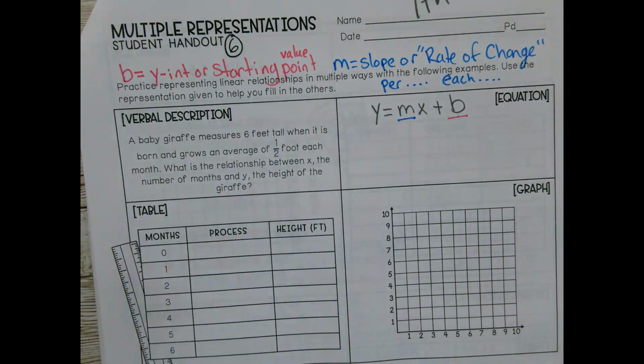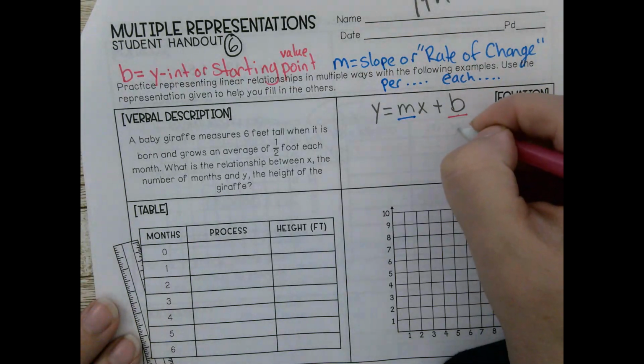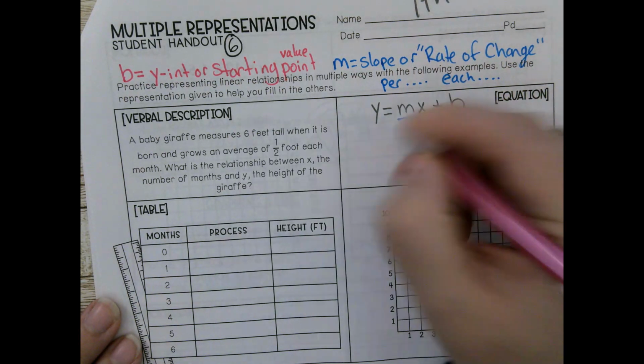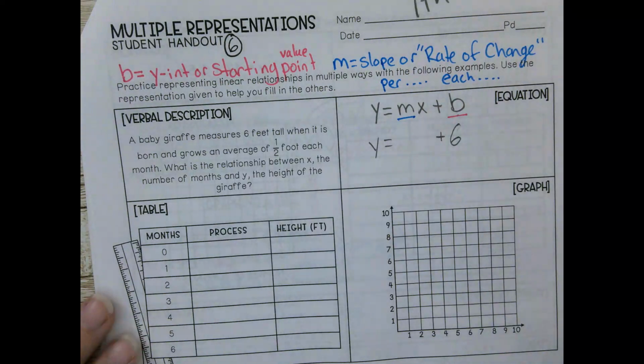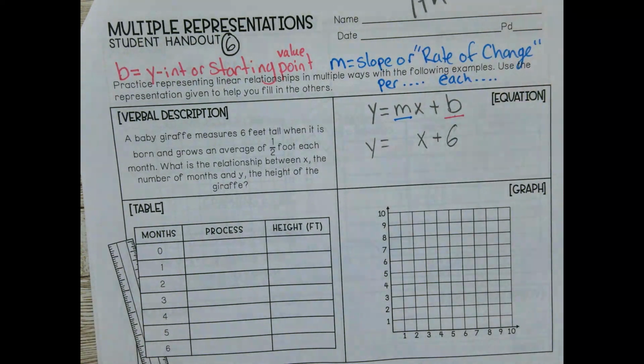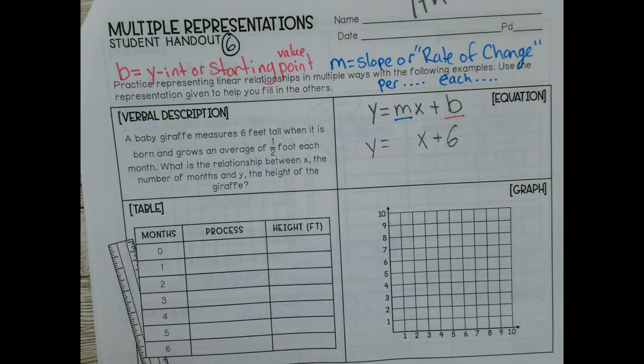All right, let's see what our equation would be for this giraffe. It's born. So what do you think that 6 is going to be? The B. It's its beginning. It's its starting point. Right? It's 6 feet tall when it's born. Then it says it grows an average of half a foot each month.